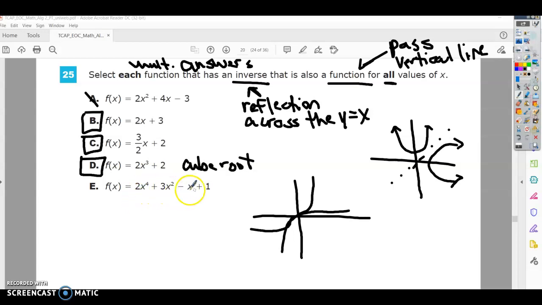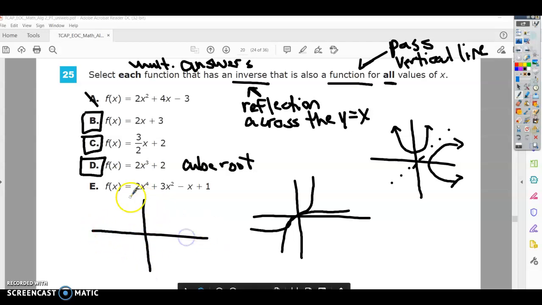And the last one is a quartic function. A quartic function is kind of similar to a quadratic. It may have a hump or whatever, but it'll just have some different view in the middle.